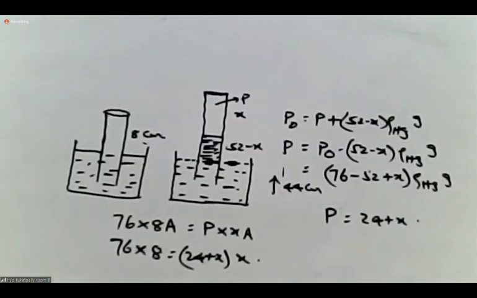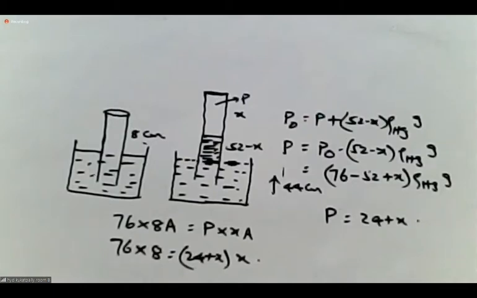Sir, could you explain again? Yes. Where? What do you want? Where you find difficulty, you tell me. In the starting step, sir, P is equal to P naught minus 52 minus X. See, first understand the concept. You are increasing the volume of the air inside.